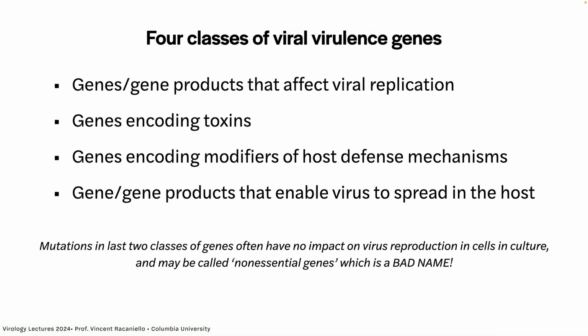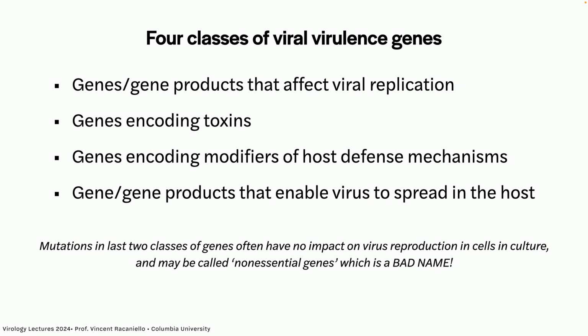And over time, we've identified 4 classes of genes that can modify the virulence of viruses. As I showed you earlier, there are genes that affect replication in a global way, and they're not terribly interesting. There are some viruses where there are genes encoding toxins that can kill cells. I'll show you an example of that in a moment.